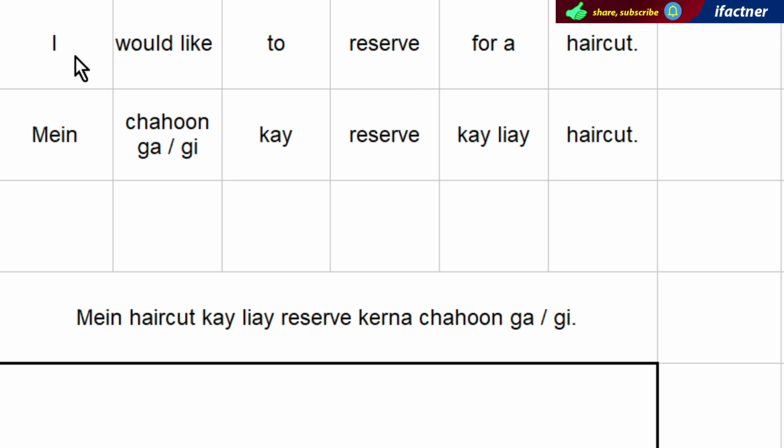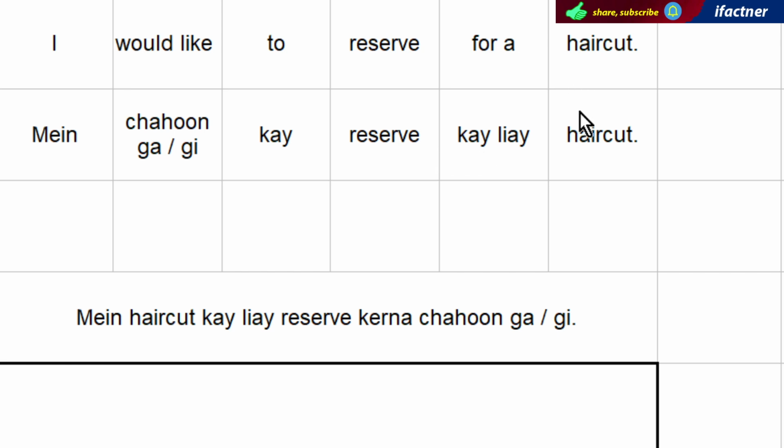Now let's translate: I would like to reserve for a haircut. I is मैं, would like चाहूँगा for male, चाहूँगी for female. To के, reserve is reserve, for a के लिए और लिए.